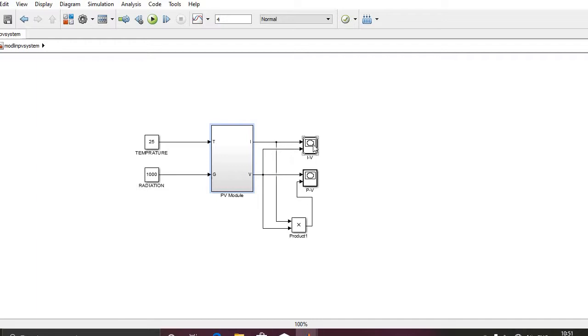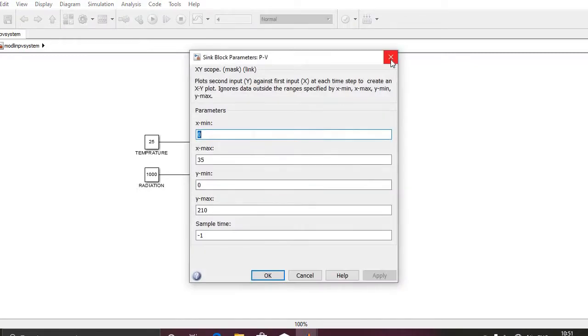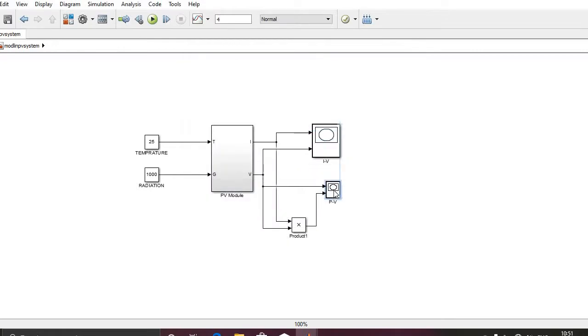So our aim is to show the IV characteristics and the PV characteristics of the solar PV array. So we have to take one XY graph. This is the block for the XY graph.